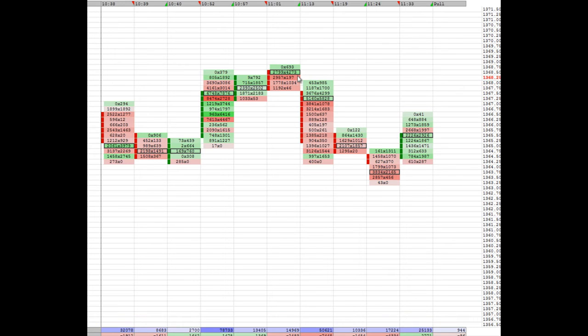So when you're seeing 4,000 contracts at the offer right here, that means there's sellers sitting there in the book, and you've had 4,000 buyers buy this thing, and these guys are absorbing all of it. Now, yes, it did trade a tick higher, so this thing isn't exact, but it shows that a lot of buying pressure was absorbed in this area.